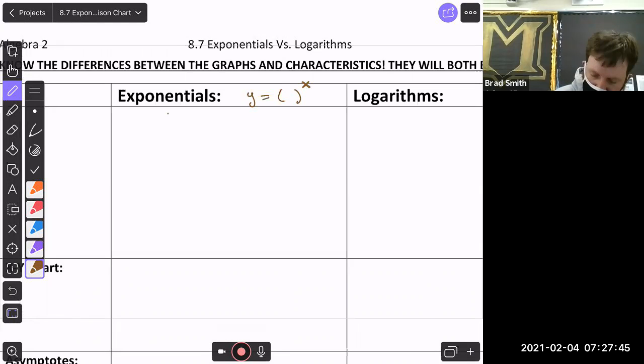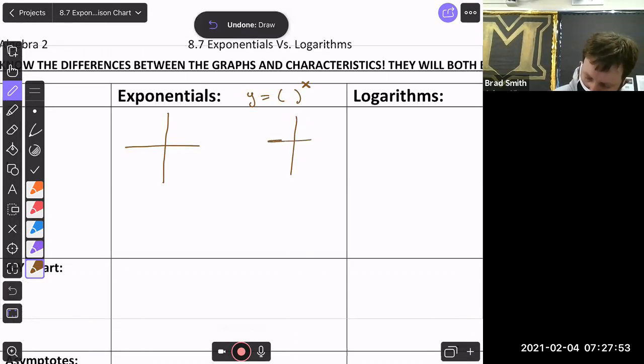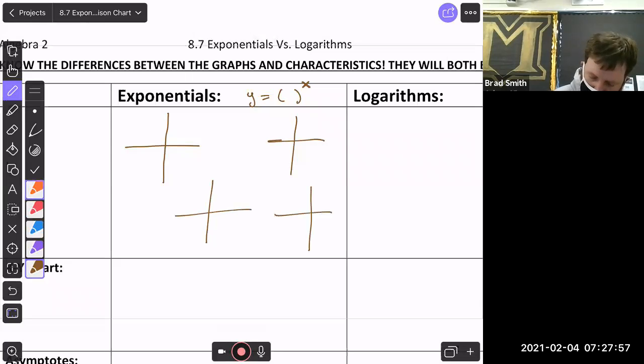Okay, so here are some graphs, just to show you these. They're not going to be great. Just a couple of what could happen. I've got my asymptotes, horizontal asymptotes. You can put them anywhere you want to. It doesn't matter. Then your graphs, just different ones. You've got a decay one. You've got a growth one.